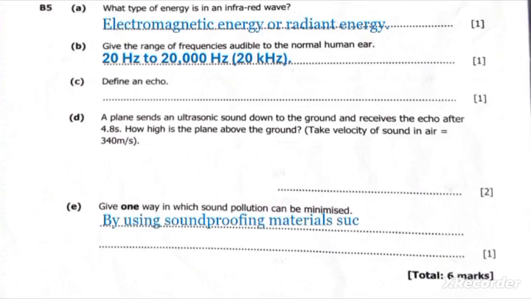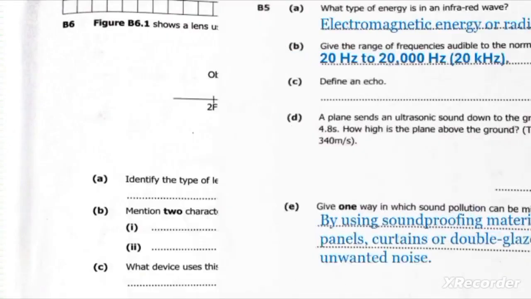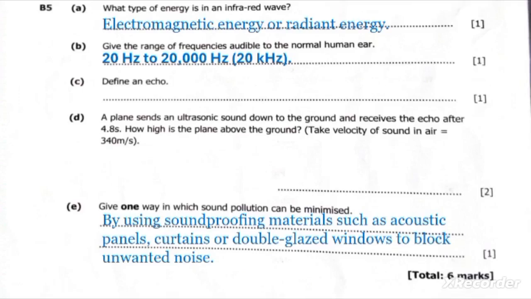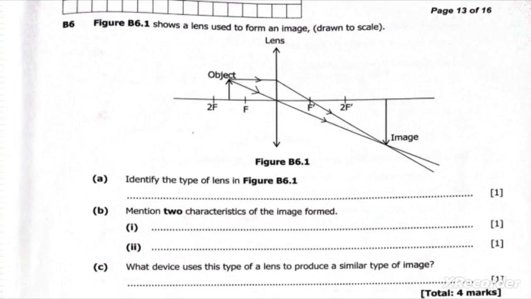So sound pollution can be minimized by using soundproofing materials such as acoustic panels, curtains, or double glassed windows to block unwanted noise. This is one way of preventing sound pollution.